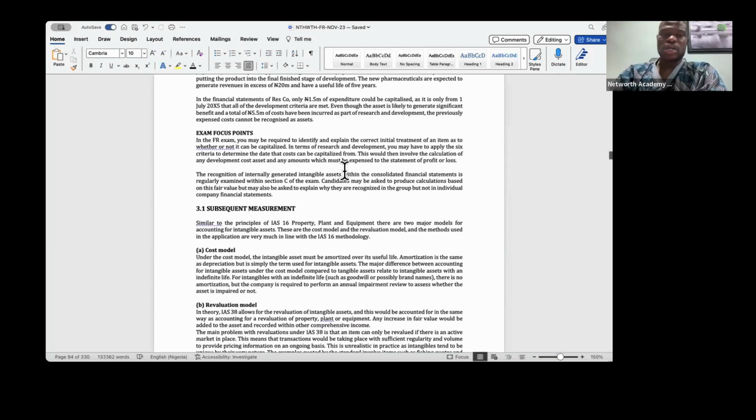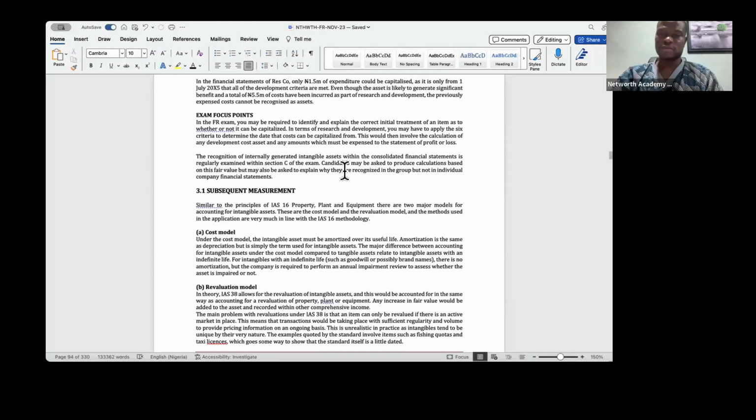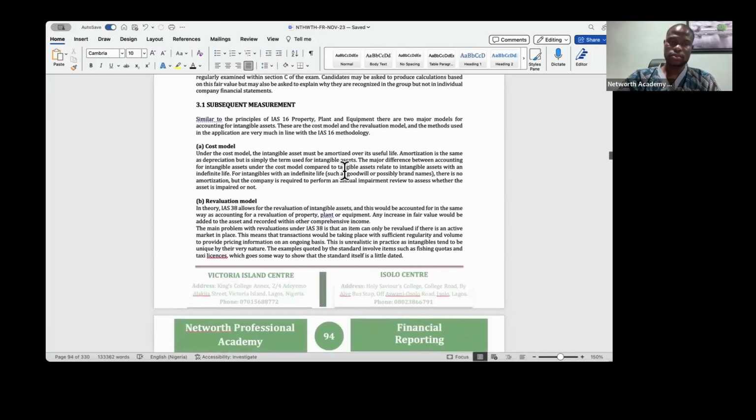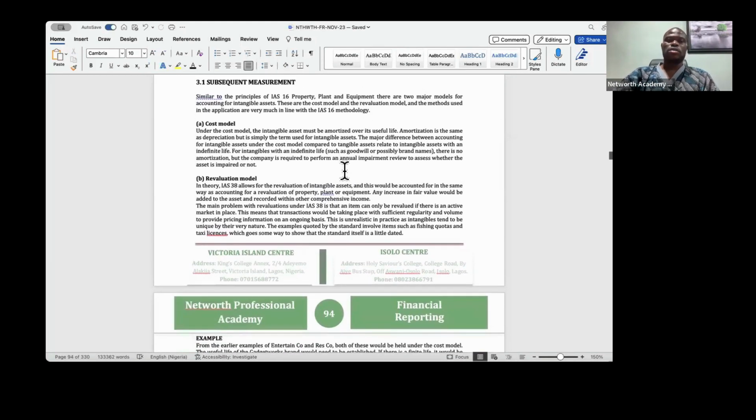So now let's look at subsequent measurements. Similar to IAS 16, intangible assets are subsequently measured either at cost model or revaluation model.